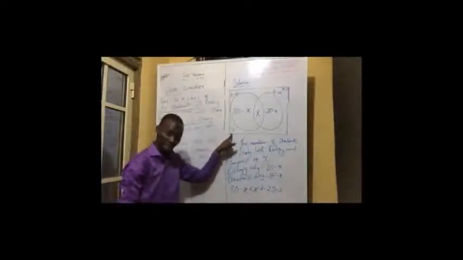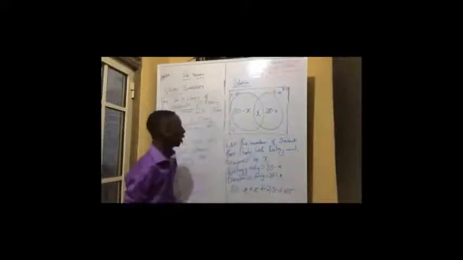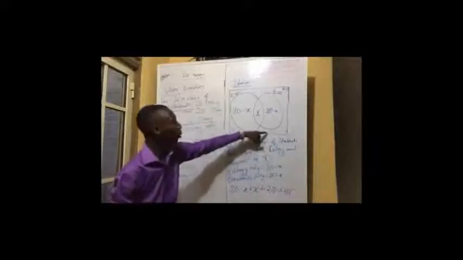They are not doing anything, but they are in the class. So you are still going to include them. Because you must know that if you add up all these things you have here, it must sum up to what?